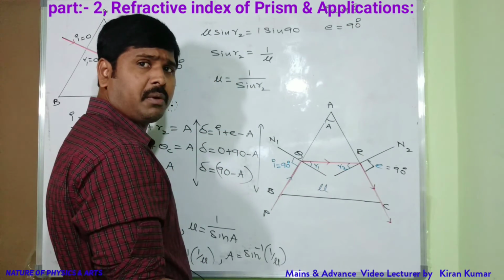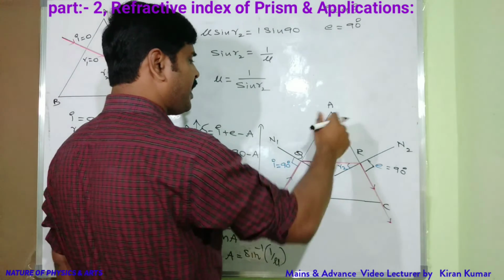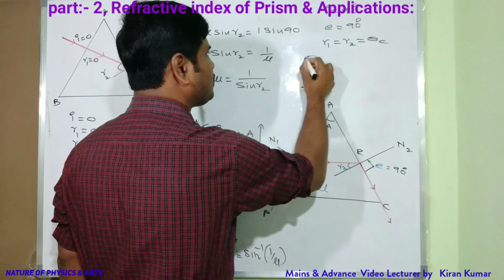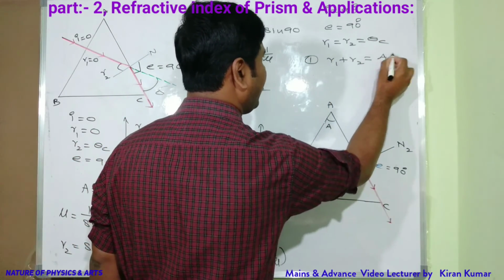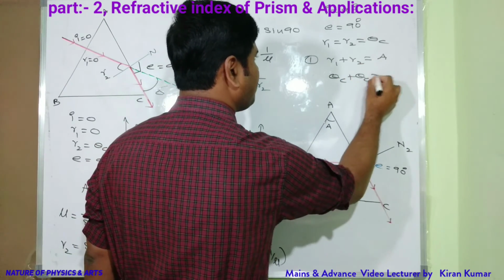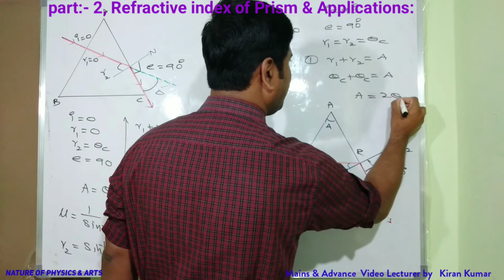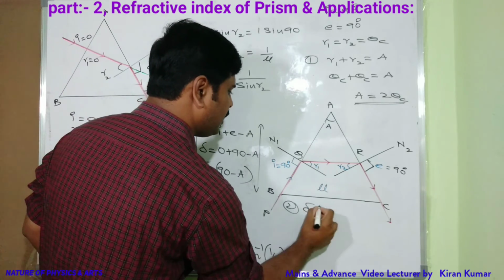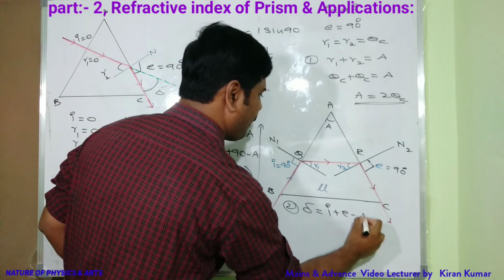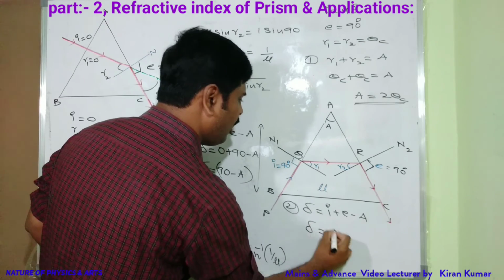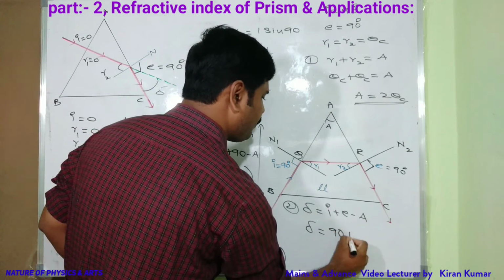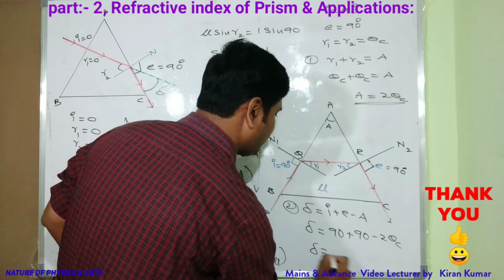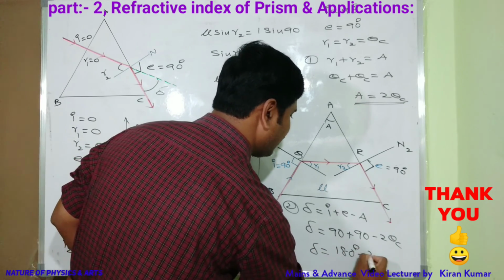Then the emergent ray also grazes the surface of separation of the medium, and r1 is equal to r2 is equal to theta C. The first relation is r1 plus r2 is equal to A, so theta C plus theta C is equal to A, and A is equal to 2 theta C. The second relation is delta is equal to i plus e minus A, so delta is equal to 90 degrees plus 90 degrees minus A, and A is 2 theta C, so the corresponding equation is delta is equal to 180 degrees minus 2 theta C.